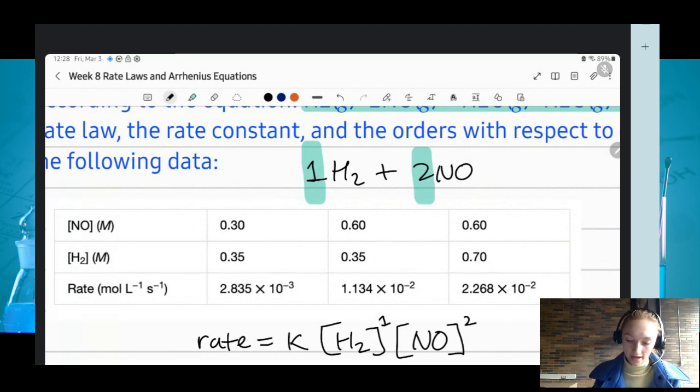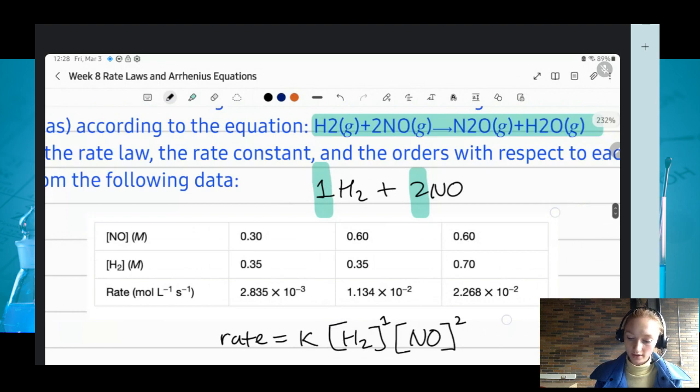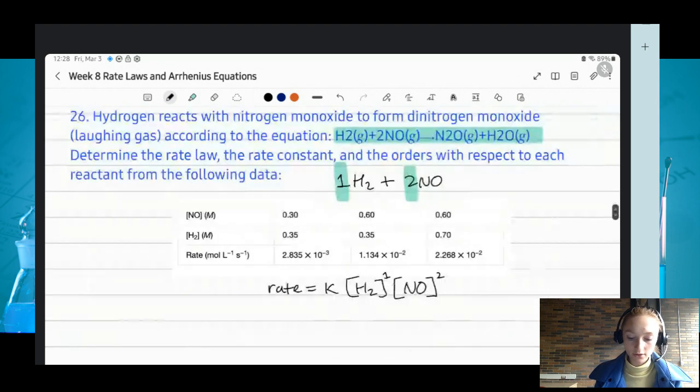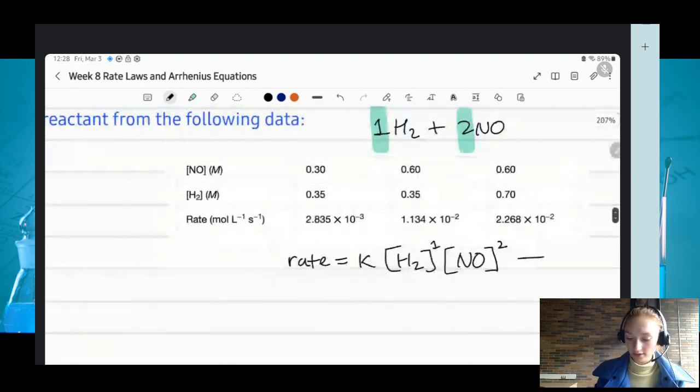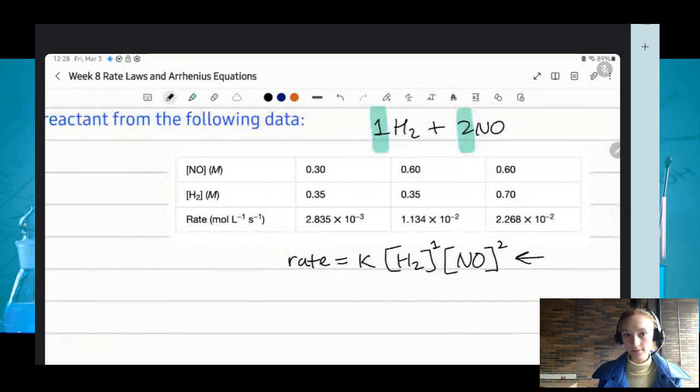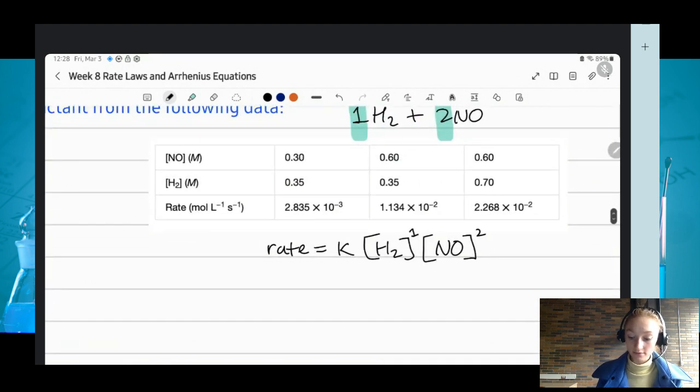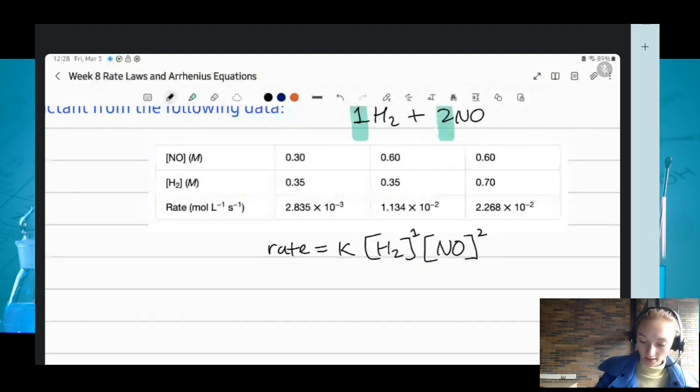Okay, and now it's asking not only the order number, but also the rate constant. And just as last time, this is the rate law, this equation for solving the rate. So now let's algebraically divide some of these variables, so then we'll be solving only for k because we want to find the constant.